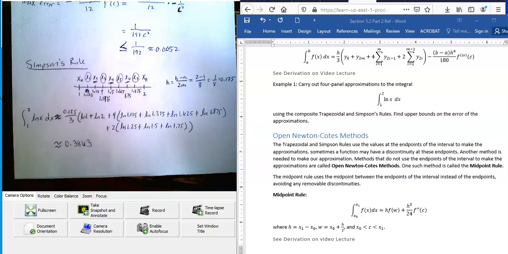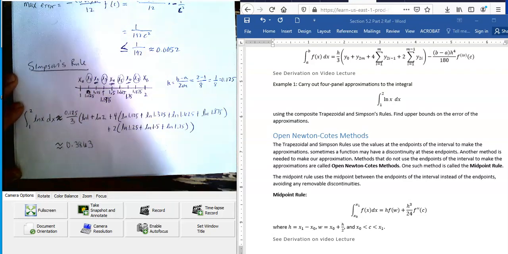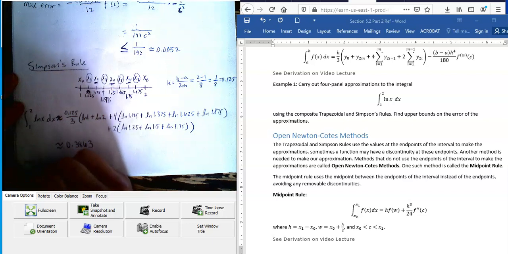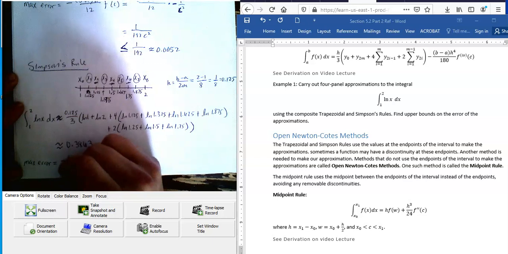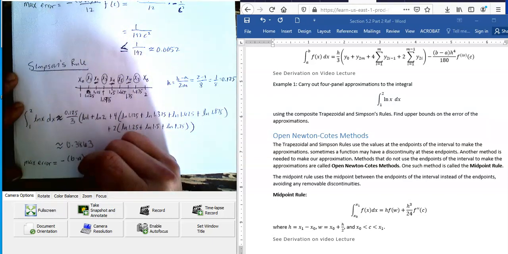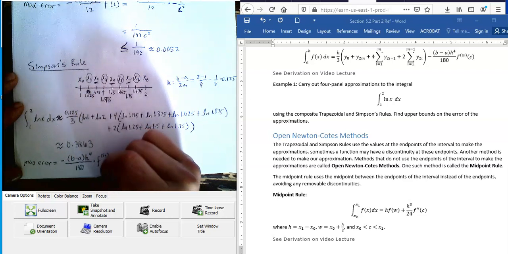The error term here, max error, is negative b minus a, h to the 4th over 180 times f quadruple prime at c.